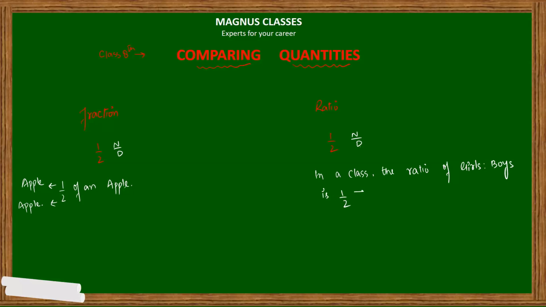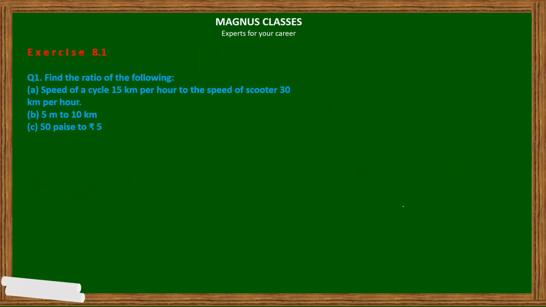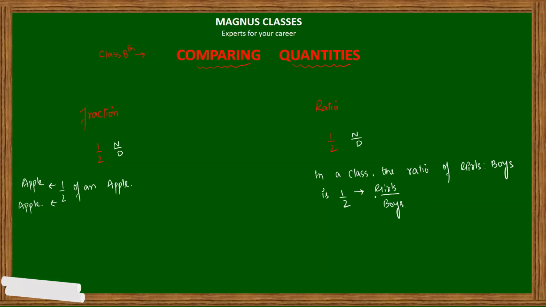So in this, the numerator represents girls, and the denominator boys. Both numerator and denominator represent different quantities, so we are comparing them. In this chapter, we will be specifically talking about ratio a lot. I hope you got the difference between the fraction and the ratio.